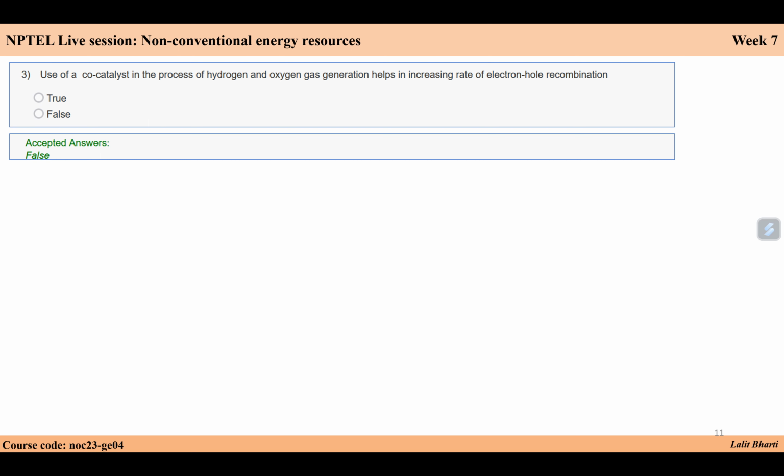Then the third question: use of a co-catalyst in the process of hydrogen and oxygen gas generation helps in increasing the rate of electron hole recombination. So we have to understand they are asking whether a co-catalyst helps in electron hole recombination.